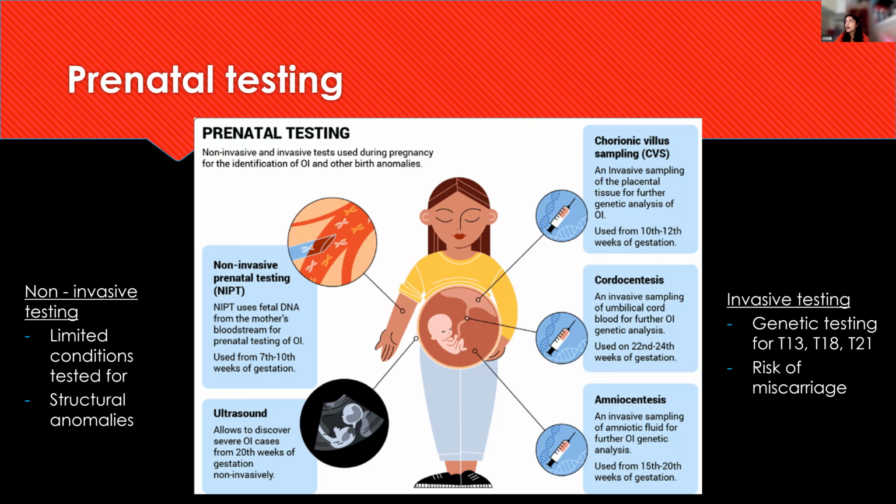And because these are invasive, there is a risk of miscarriage associated with them. And it is limited to really genetic testing for trisomies like Down syndrome, Edward syndrome, Patau syndrome. So ultrasounds, so again, you have non-invasive testing, and this really, in the case of ultrasounds at least, tests for structural anomalies like cleft palate, things like that.